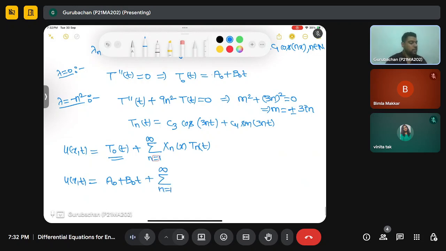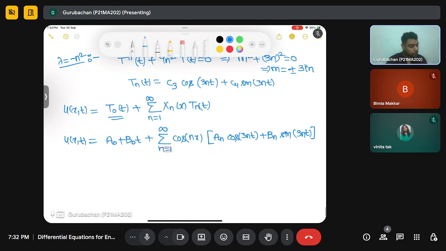I'll combine c1 and c3 as a n, and c1 and c4 as b n, as in earlier cases. This will be cos nx times a n cos 3nt plus b n sin 3nt. Okay, now the given conditions. First one, the initial condition, is u of x, 0 is 0.